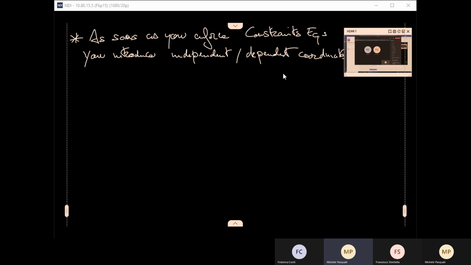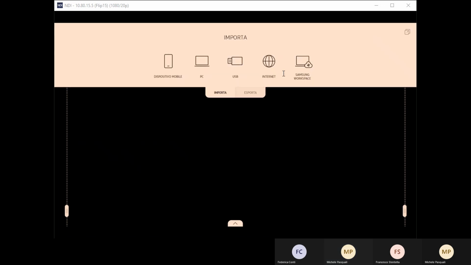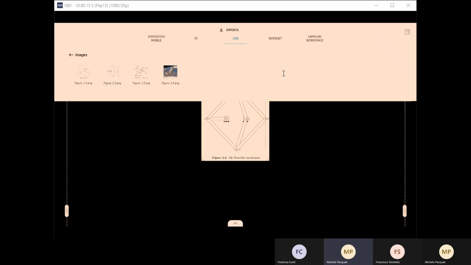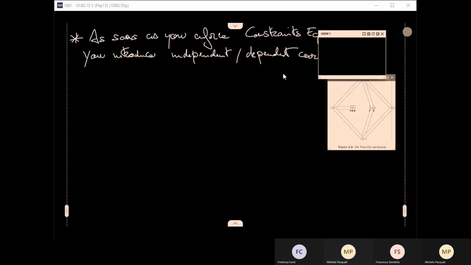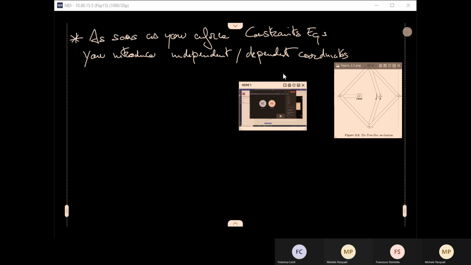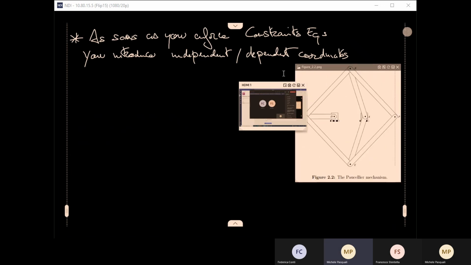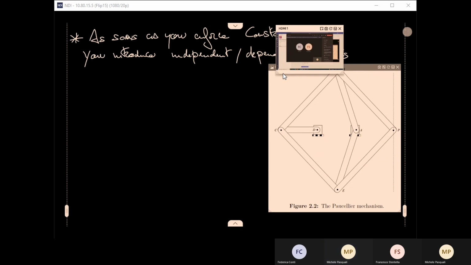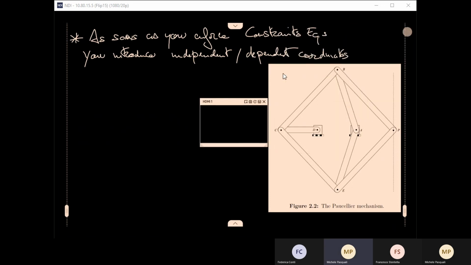Let's make an example for that. There's a very well-known mechanism, the Poisselier mechanism here. Have you ever seen them? Something like this.